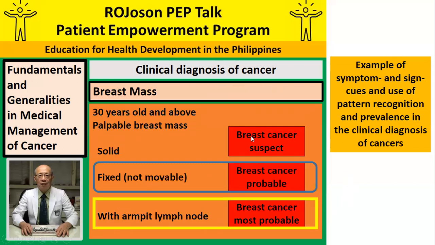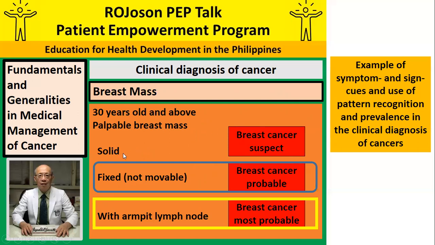Breast mass in a patient 30 years old and above with a palpable mass. If the mass is solid without fixation, meaning it's movable, and no armpit lymph nodes, the patient is a breast cancer suspect.